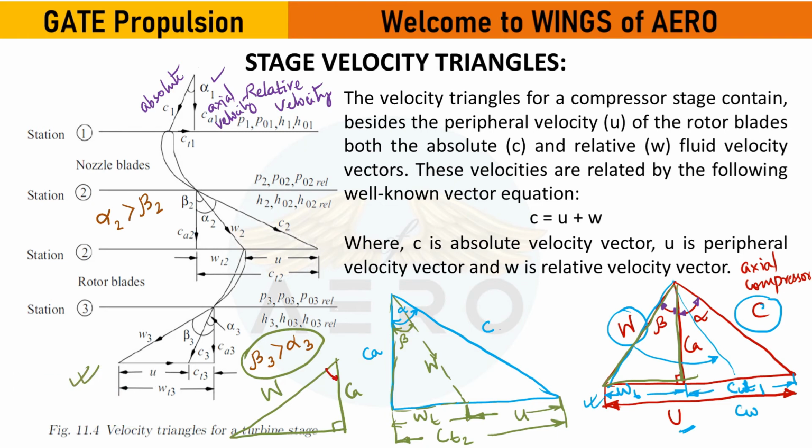This one was beta, and I make a smaller angle, which is alpha, so this becomes my C. The distance between C and W becomes my U. This becomes my CT1, and from here to here becomes my WT3. Okay, could you follow this?